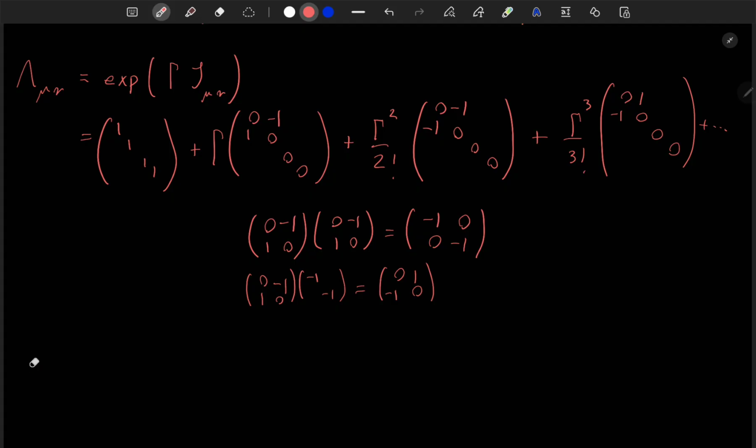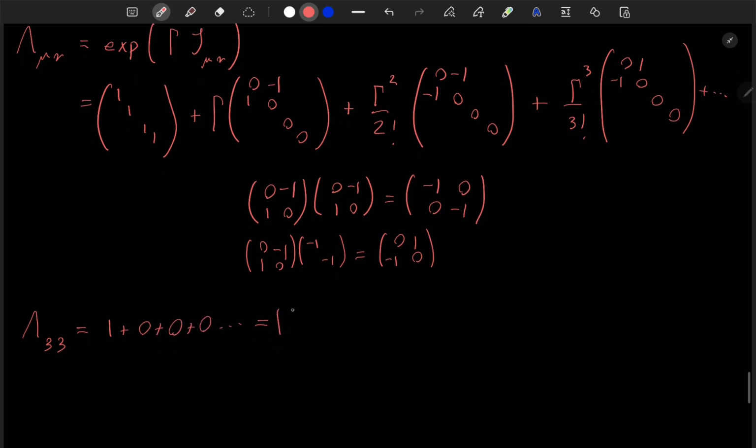Let's consider some components of this, which will be easier. So if we consider the very bottom left component, that one is clearly going to be 1 plus 0 plus 0 plus 0 equals 1. And that's the same for the next diagonal over here.